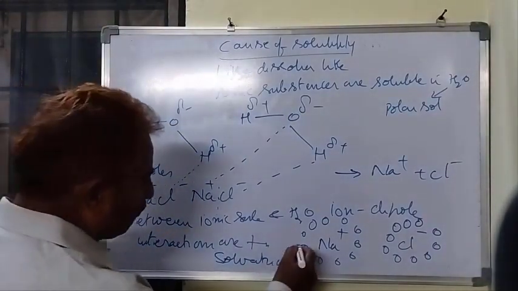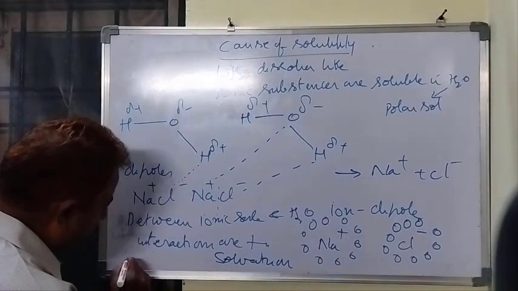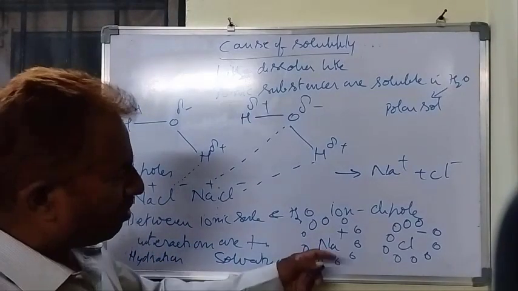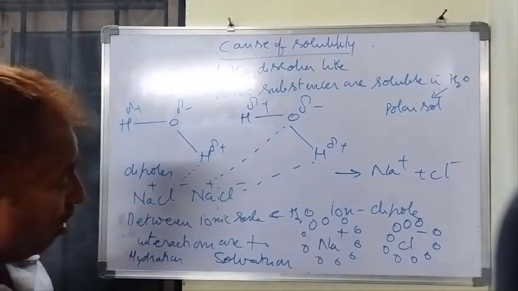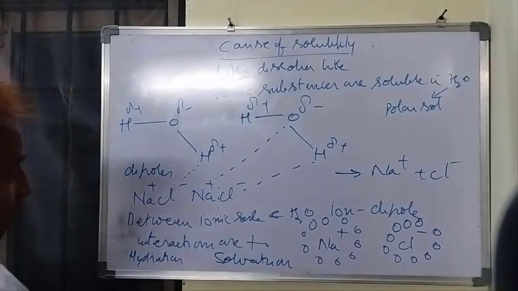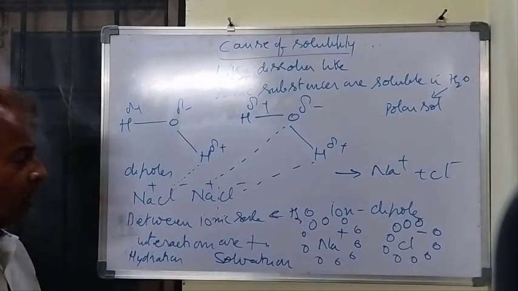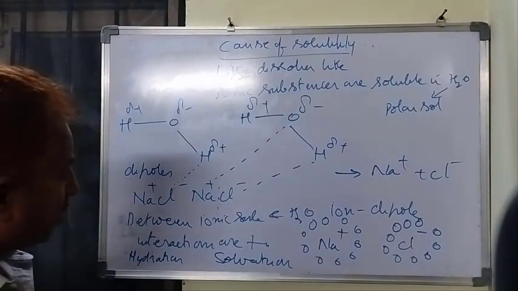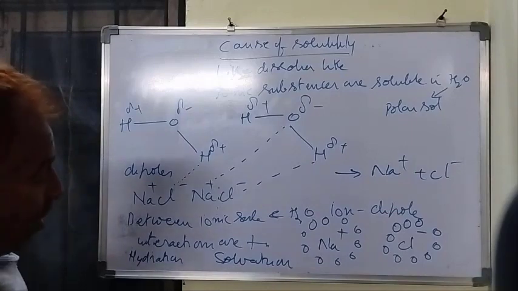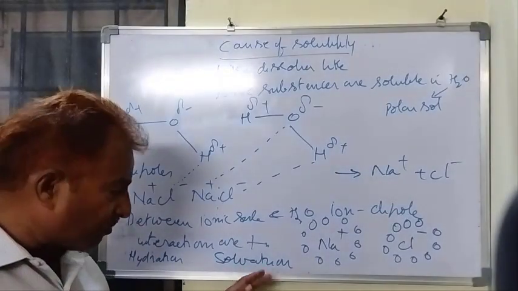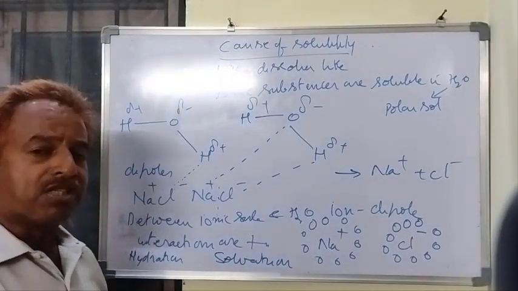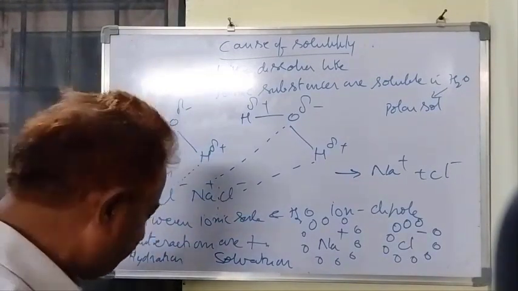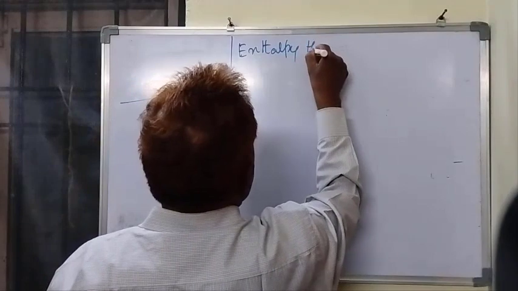If the solvent is water, we call this hydration. As water molecules surround the oppositely charged ions, this process is known as hydration. The energy released during hydration is known as enthalpy of hydration, or for other solvents it is referred to as enthalpy of solvation.